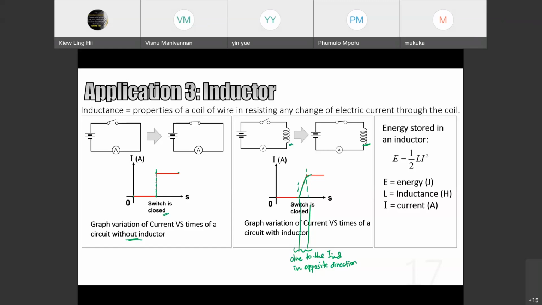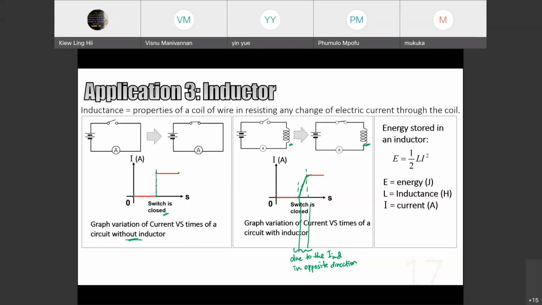Initially the change is at its maximum. So when your power supply continues to supply the whole circuit, the change in the magnetic flux will become smaller and smaller. That's why your induced current will become smaller as well, and so the net current will become larger and larger.